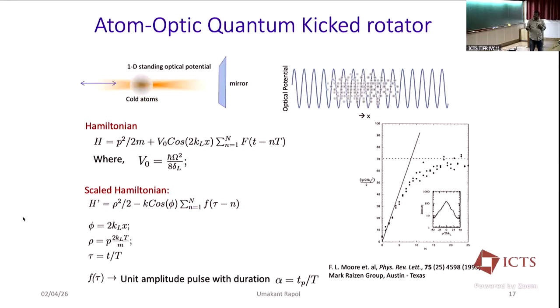So for example, this is the Hamiltonian that you write here for such a system. And the kick strength, for example, is dictated by the intensity of the light. In this case, it's coming through the Rabi frequency, and how far the laser is detuned from these atomic resonances.